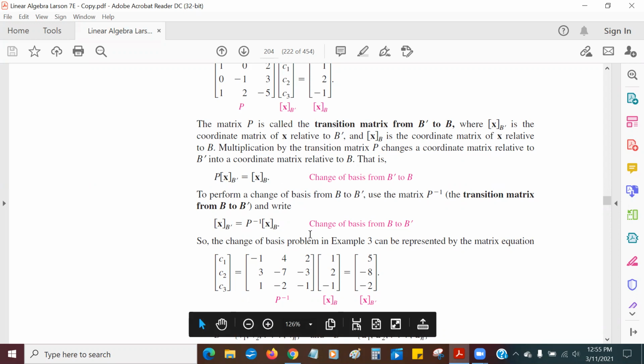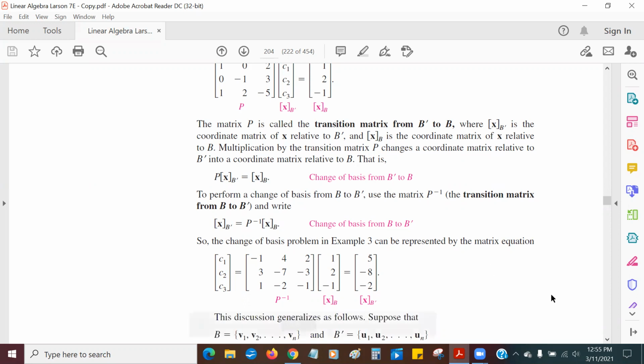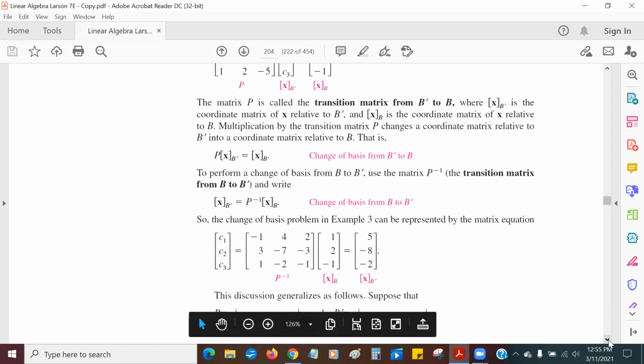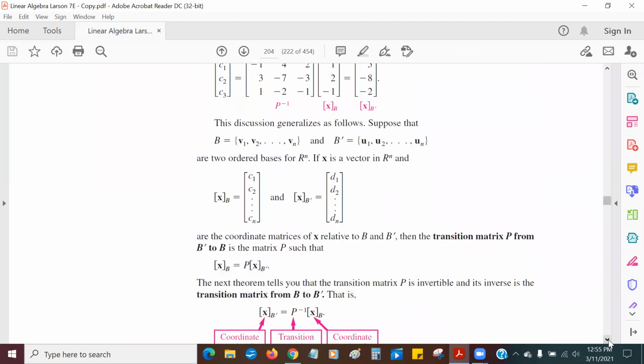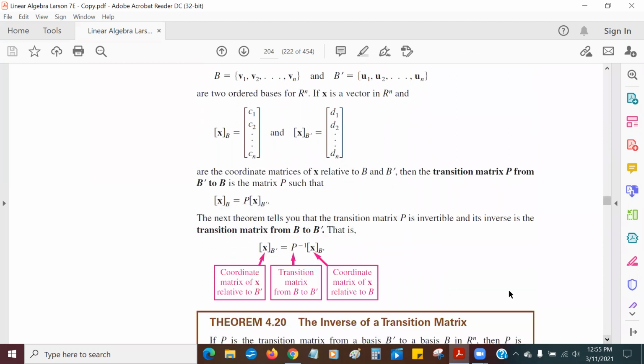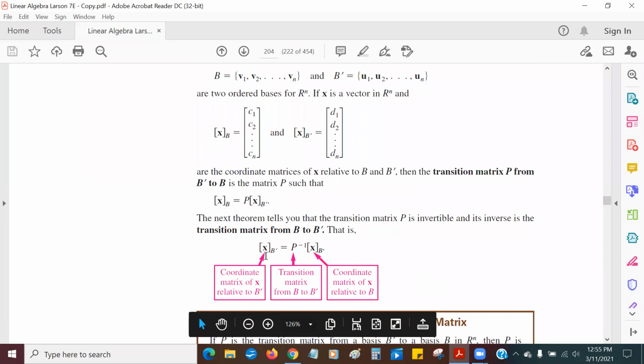But that's just finding an inverse matrix, which is something we were trained how to do. So this is the coordinates of X relative to B prime. This is the transition matrix from B to B prime, and that's the coordinate matrix of X relative to B.